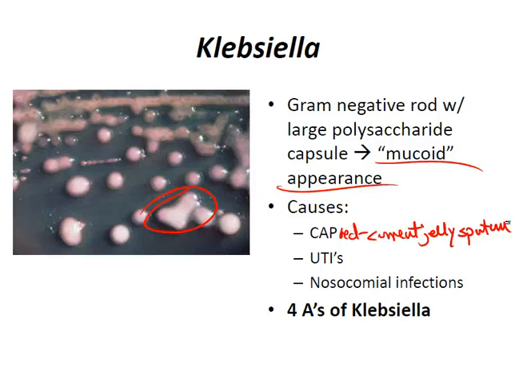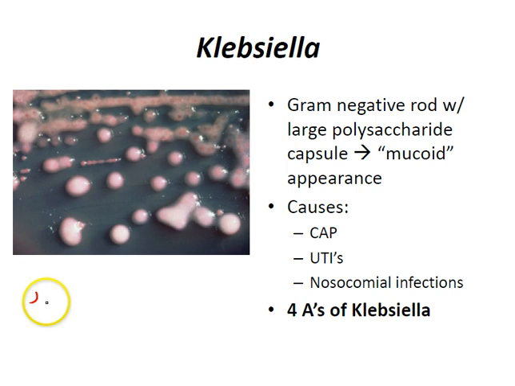The important features of Klebsiella can be remembered by the 4 A's, and that is aspiration pneumonia, abscesses in the lungs, alcoholics, and diabetics.